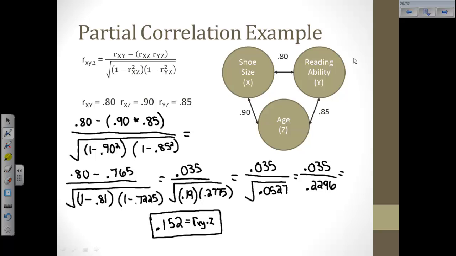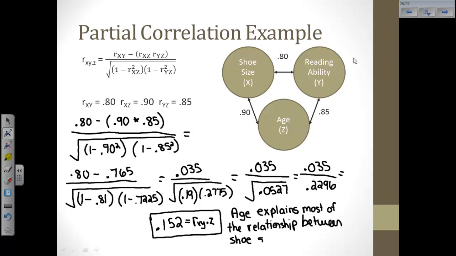So in this case, you could conclude that age explains most of the relationship between shoe size and reading ability. That correlation decreased quite a bit. It went from pretty strong to not so strong.